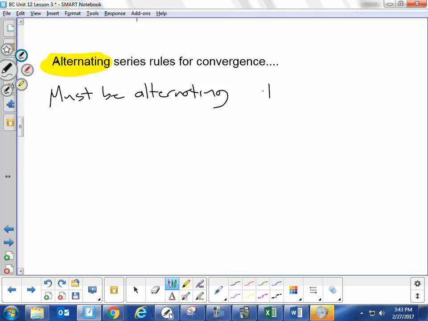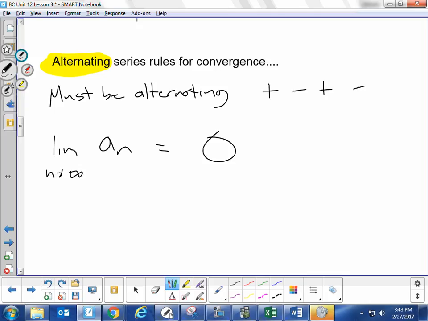So that's plus, minus, not plus, plus, minus, minus, unless it's rewritten, but nothing crazier than that. The limit as n approaches infinity of your series must equal 0, just like we've talked about before.